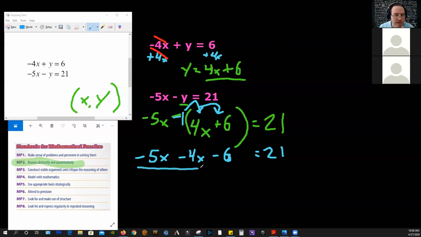Then I can combine like terms. -5x and -4x makes -9x minus 6 equals 21. I can add 6 onto both sides. And I would end up with -9x. Now plus 6 minus 6, they cancel each other out.